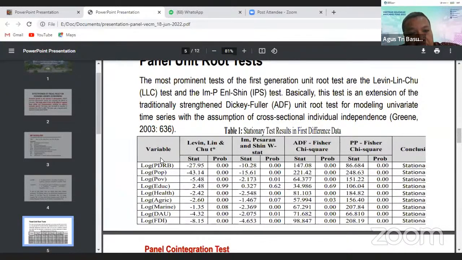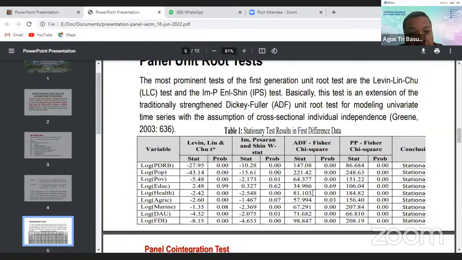If the unit root test used is Im, Pesaran, and Shin, there is only one that does not pass, but almost all variables are significant at 5% and 10%.